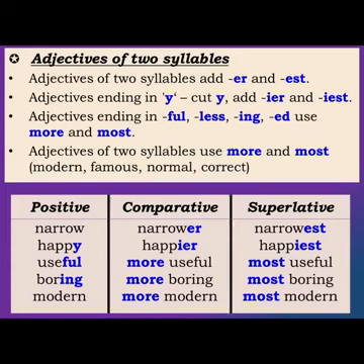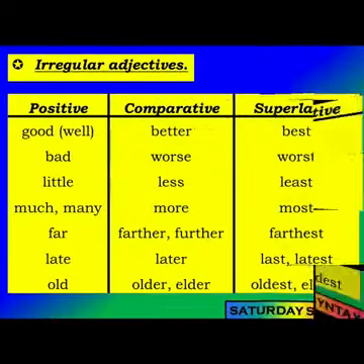Some more illustrations are there. In positive, boring is given. In comparative, it becomes more boring. And in superlative, it becomes most boring. In positive, the adjective modern is given. In comparative, it becomes more modern. And in superlative, it becomes the most modern.